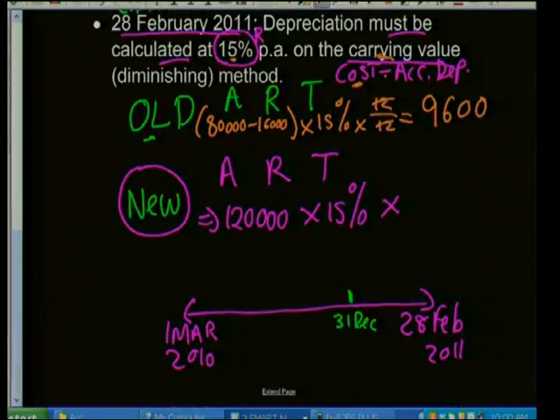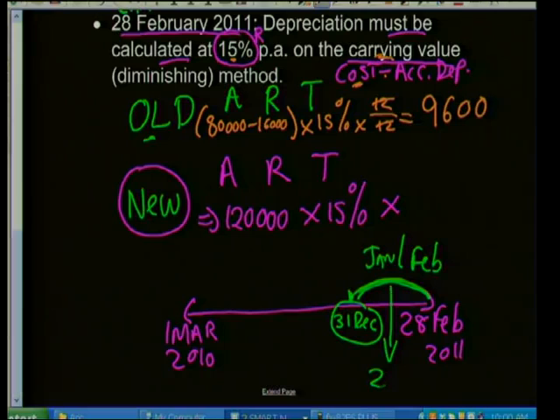Which means for this financial year, I've only owned the vehicle for this period of time. So not for the entire year. It was only purchased on the 31st of December, which means I've only used the vehicle for the months of January and February. So I can only depreciate this asset for 2 months. Now the common mistake that we find that grade 11s make is when they see 31st of December, they forget it's at the end of December, and by mistake, they sometimes include the month of December in their calculation.